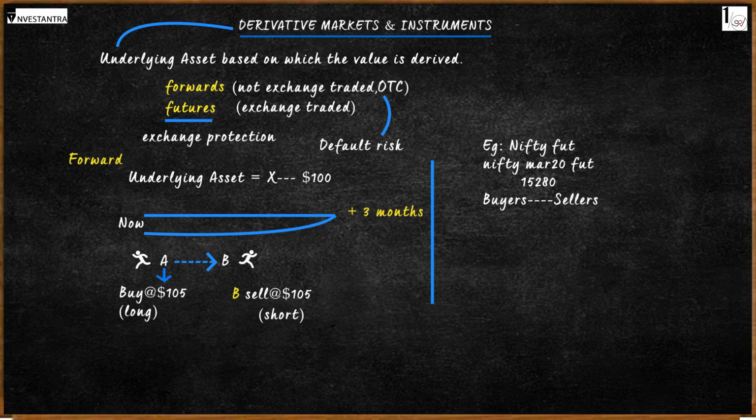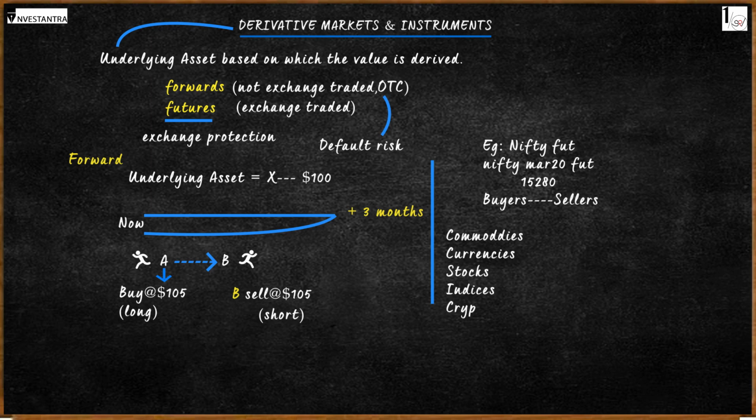Ideally, what you need to remember is these contracts are created between buyers and sellers when they agree on a particular price, based on the direction they think an index or a stock might move. I just used the example of Nifty. This can be done on commodities, currencies, stocks, indices.